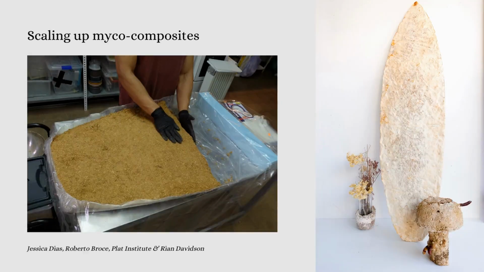And here is a version of that board scaled up. As you scale up, it's also important to know that it becomes a lot easier to get contamination onto your microcomposite because you're working in an open space normally.